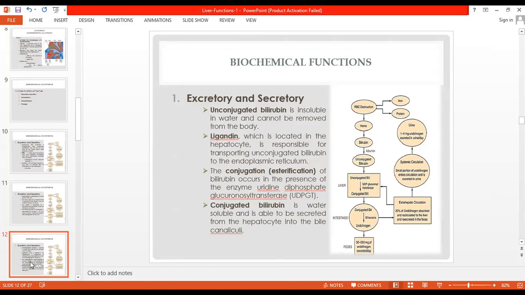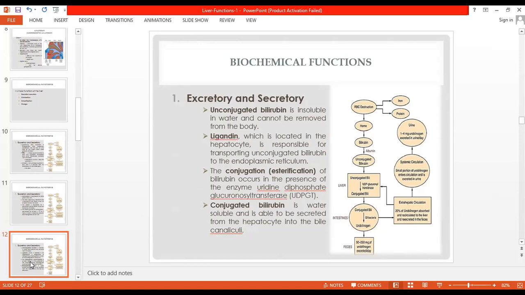This form of bilirubin is referred to as unconjugated or indirect bilirubin. Unconjugated bilirubin is insoluble in water and cannot be removed from the body until it has been conjugated by the liver.